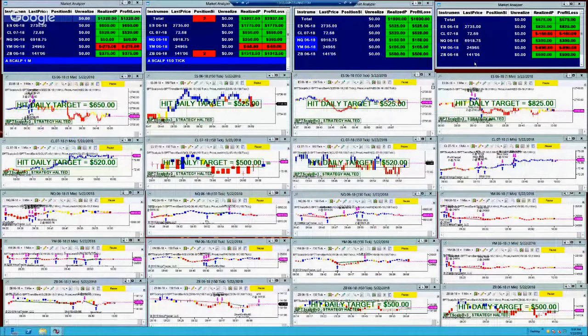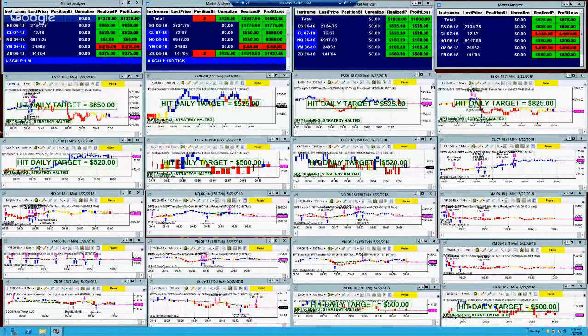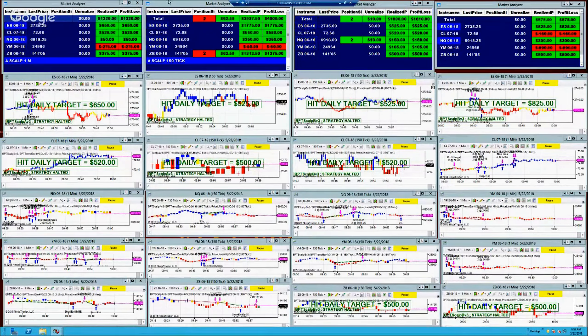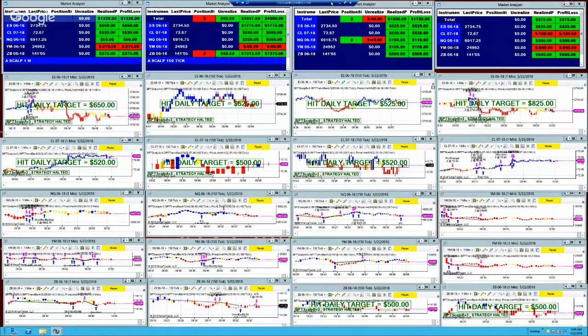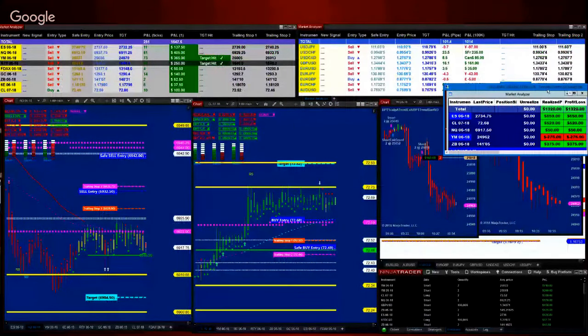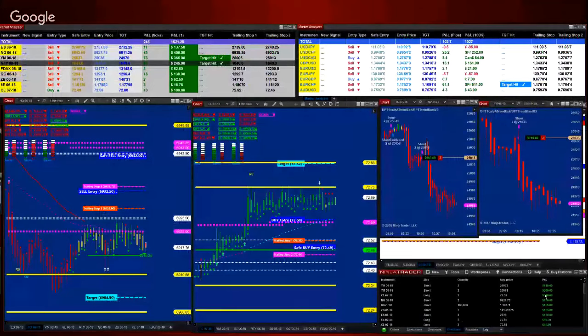There is only one trade, 30-year treasury bond short. Most of them are not taking any trade. Out of 20 charts, we have only two open positions, including a long on Nasdaq. This indicates that the market is a bit sideways.